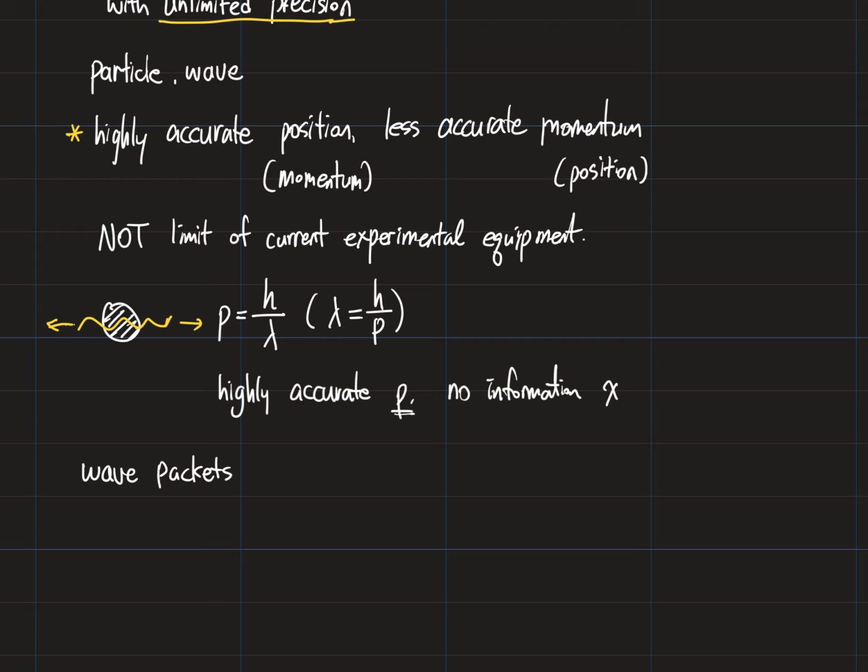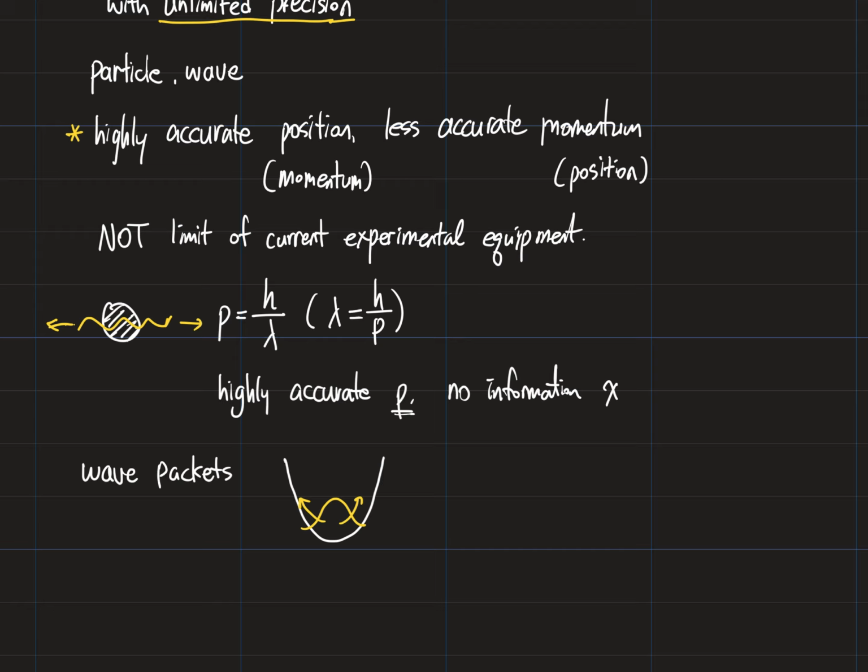You might see wave packets in physical chemistry class. If we have a parabolic potential curve, then the wave packets look like this, and these wave packets move back and forth within the parabolic potential.